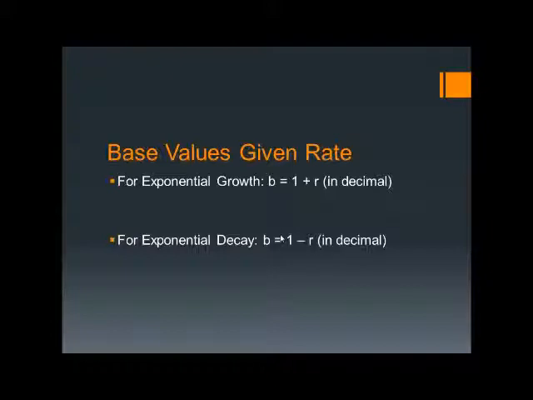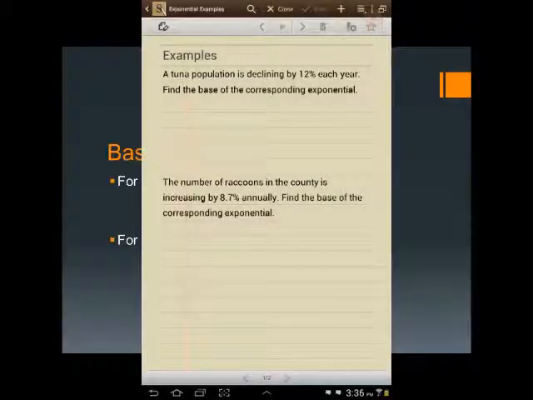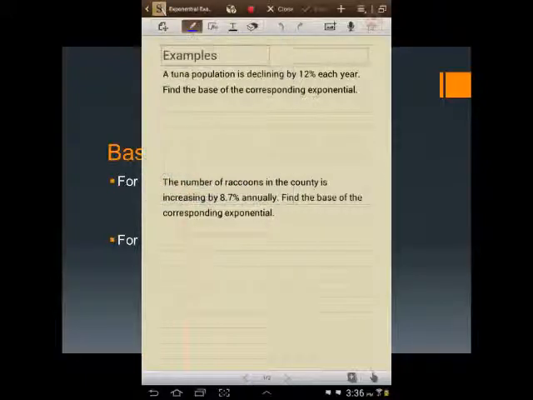Alright, so now, some examples of that. I'll switch over to the tablet. Alright. So, first example I have here. The tuna population is declining by 12% each year. Find the base of the corresponding exponential. Alright.